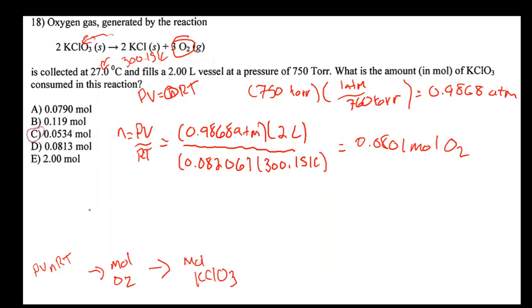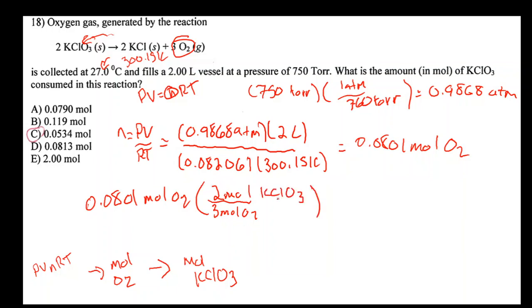If we just look at our subscripts here, if we have 0.0801 moles of O2, and we want to get to moles of KClO3, we want moles of O2 on the bottom to cancel, so that would be 3 moles of O2 divided by 2 moles of KClO3, and then that should give us our final answer.